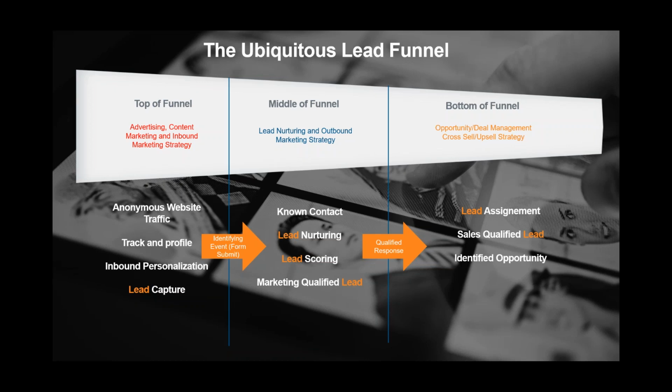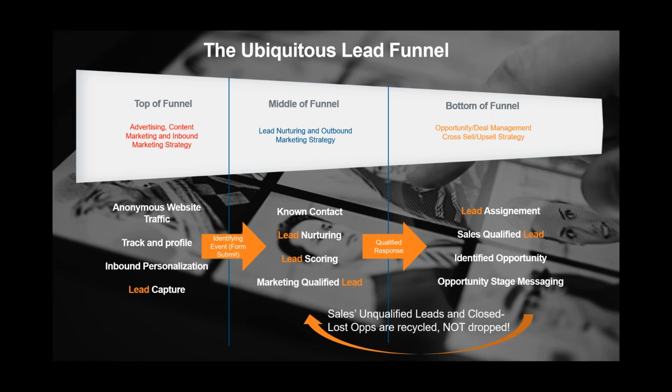Is there an identified opportunity that we can now go about trying to close? There is. Then we start opportunity stage messaging out of the marketing department, anything that we need to do to help support the conversation that sales is having. Also, however, any sales unqualified lead, so when we get to this SQL stage, if it actually turns out that that lead is not sales qualified, or if we have an opportunity that we recycle, we recycle those back into the middle of the funnel and we start nurturing again.